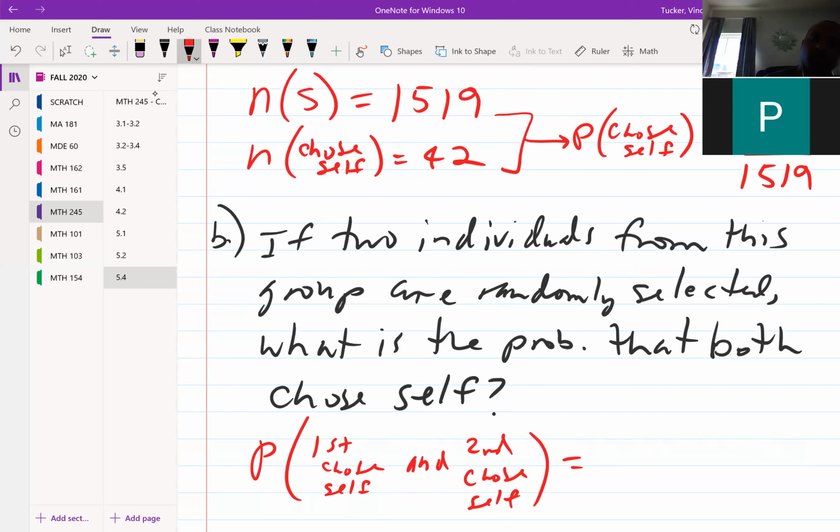So we're going to multiply. Yes, I set myself up to write a lot. That's all right.